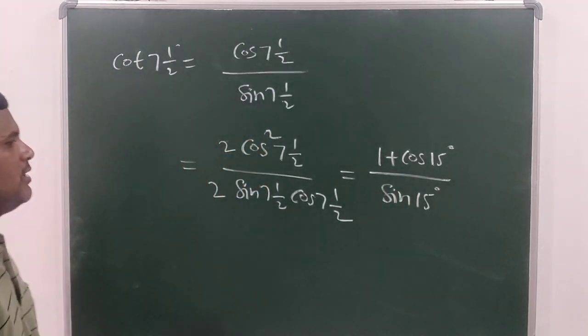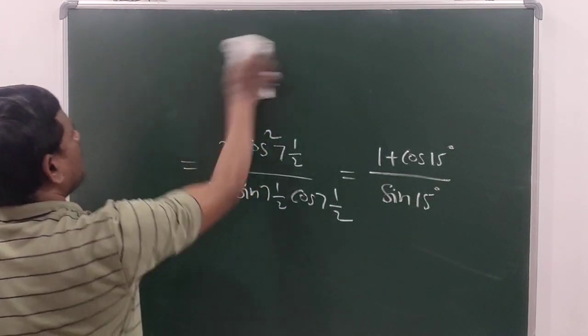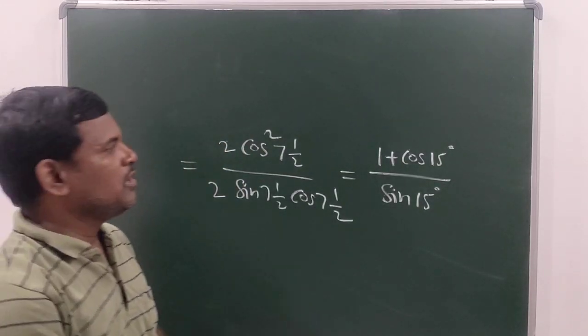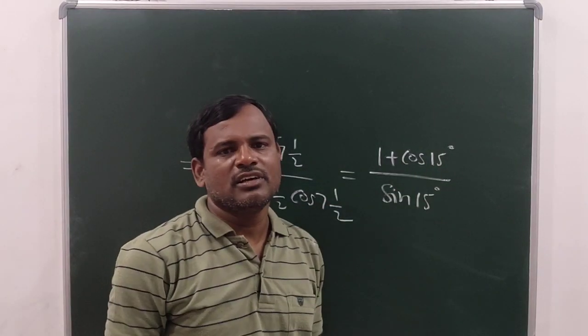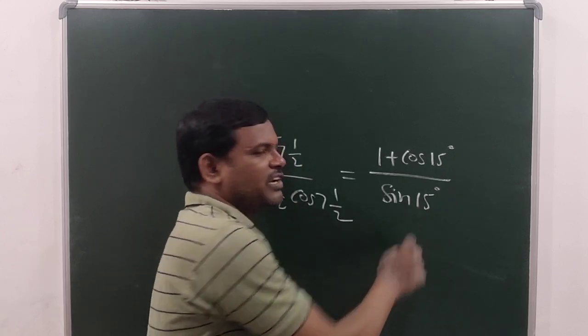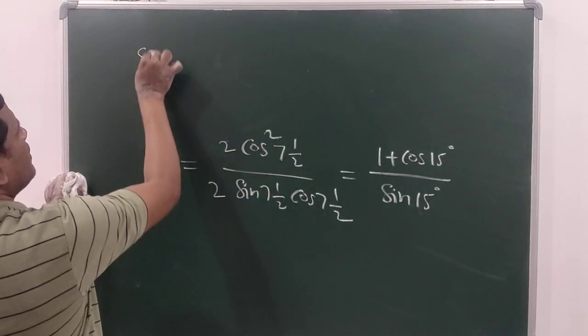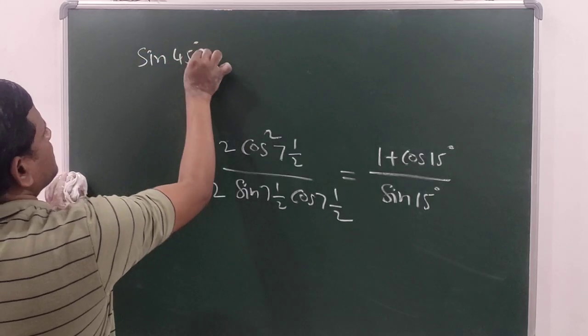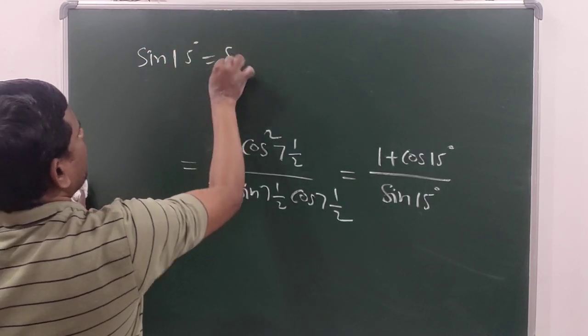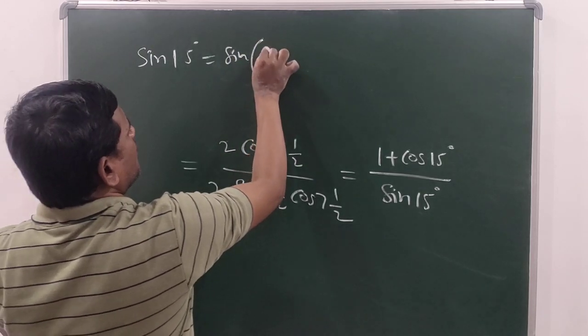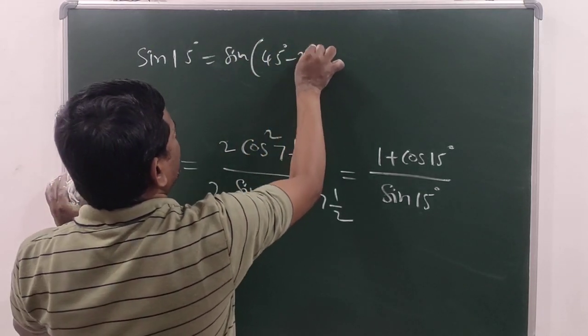Okay, right. So in the next step we have to substitute cos 15 degrees and sin 15 degrees here. Just now we wrote sin 15 degrees: how did we write it? Sin of 45 minus 30 degrees, no?